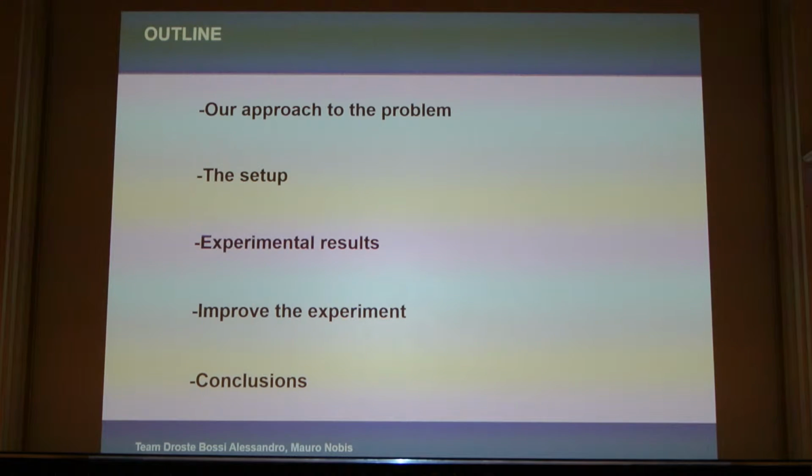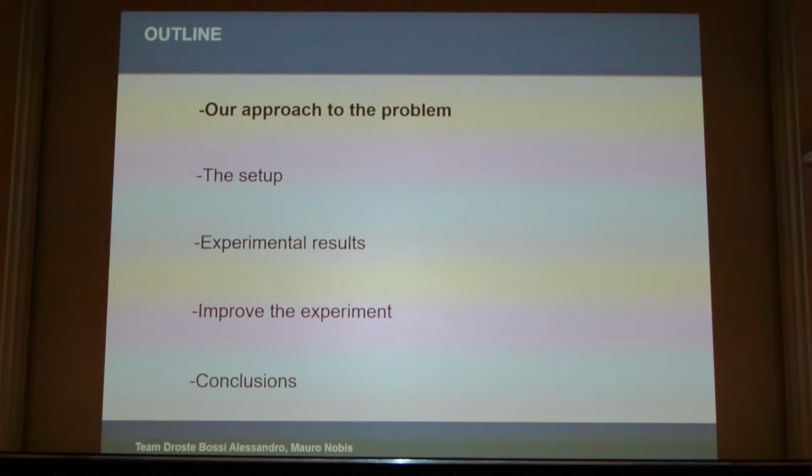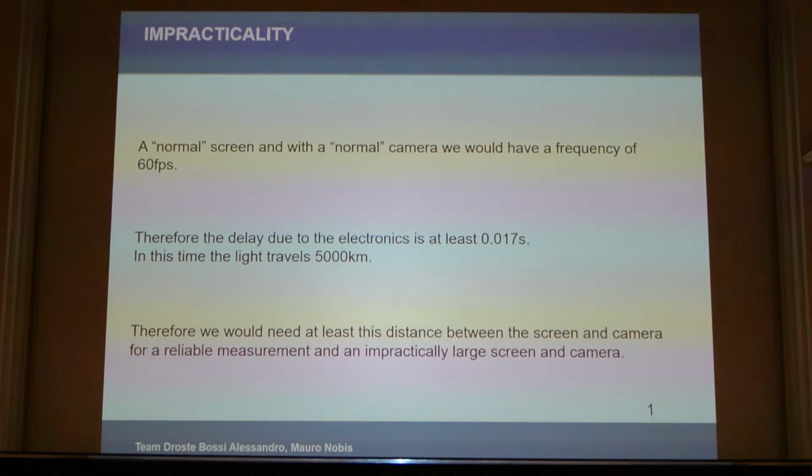So we will divide our problem into 5 steps. The first one, we will show our approach to the problem. For a normal screen and camera like these, we have a frame rate of around 60 frames per second, so the period is about 0.02 seconds.